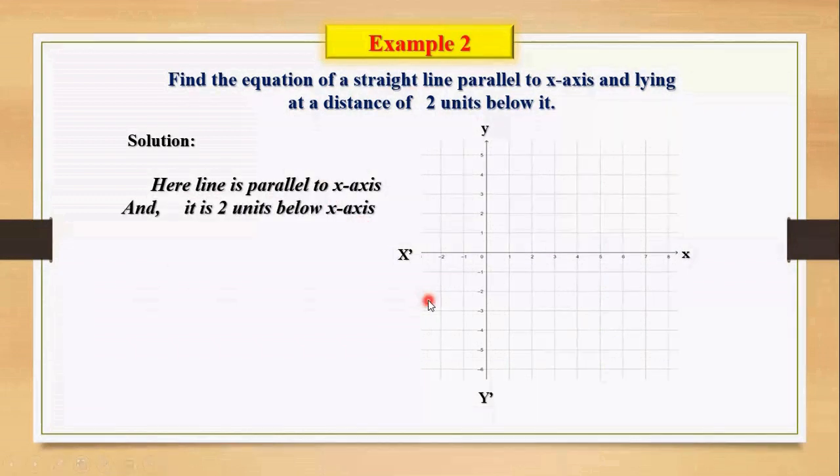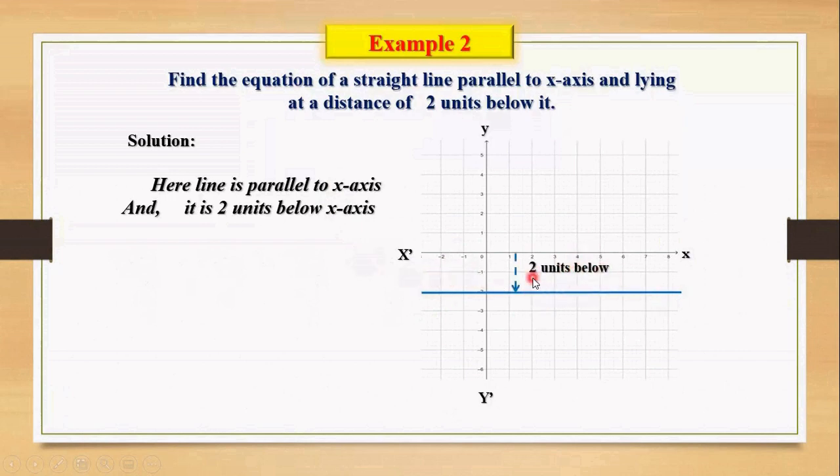Now let's draw the straight line according to the given condition, which is parallel to x-axis and 2 units below the x-axis. That is, 1 unit, 2 units below the x-axis is somewhere here. Here it is the line parallel to x-axis and 2 units below.